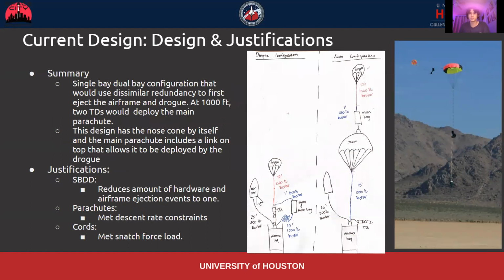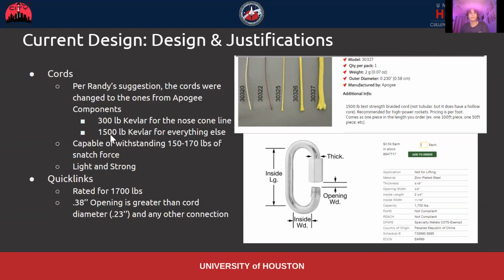This one doesn't need to be strong at all because it's just meant to keep the nose cone attached and out of the way whenever we eject. And then the other cord is the 1,500-pound, and that would be used for everything else. So you can see here, this is a 300-pound one. It has a diameter of 0.1 inches.